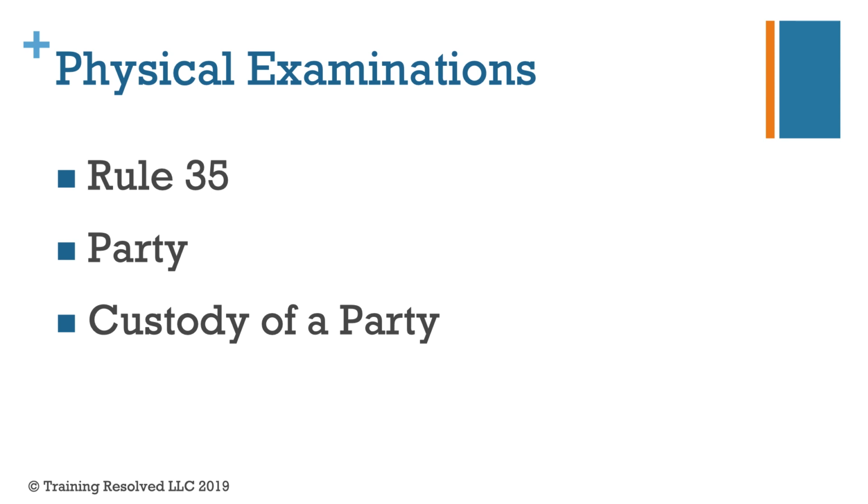The examination has to be done by someone who is suitably licensed or a certified examiner, and the court can order that if one party motions for it. Of course, there has to be a good reason for the request, or the court will not grant that motion.